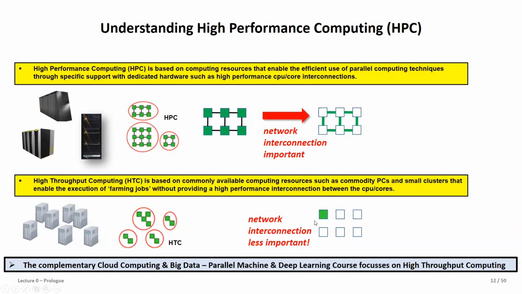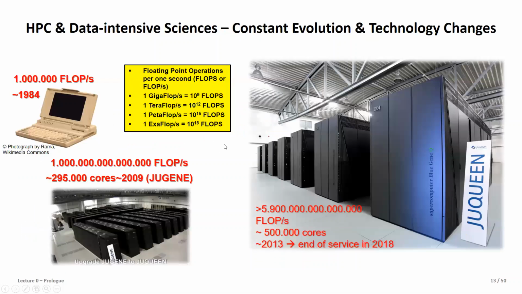You have throughput problems where you want to get as much as possible through, but the communication between the jobs is not that intensive. The complementary cloud computing and big data course will talk much more about HTC, while this course goes in depth into high performance computing.